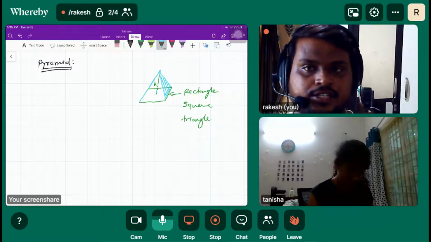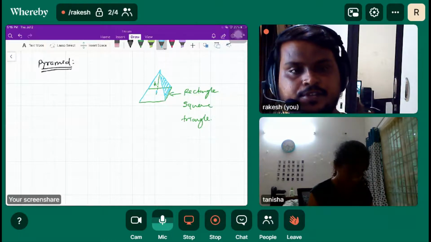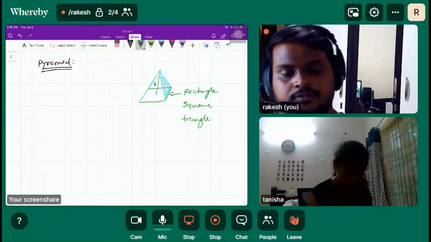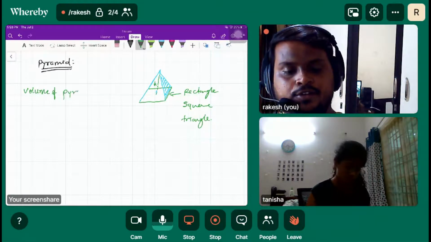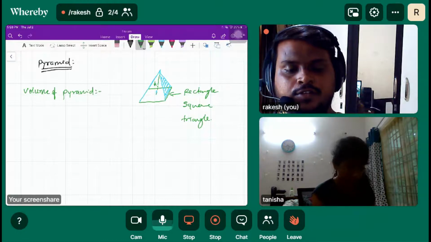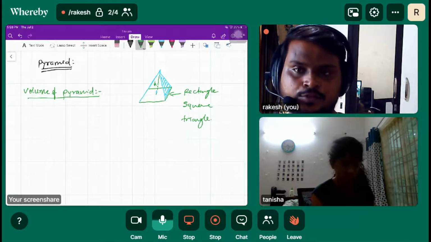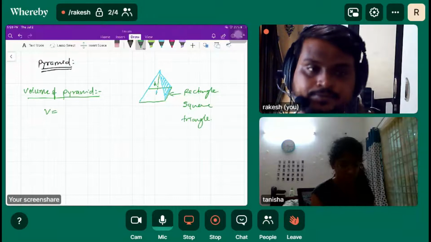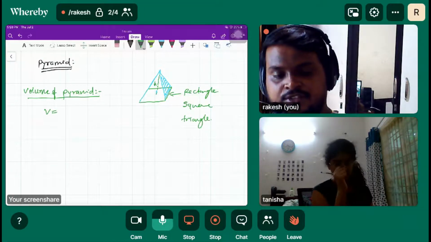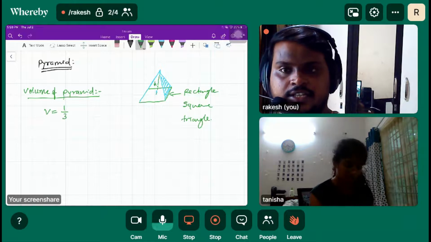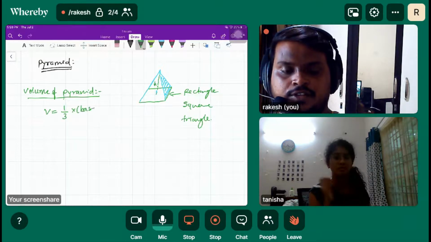Now the question is, what is the volume of this pyramid? Do you remember the formula, or have you ever read the formula of the volume of a pyramid? No? Okay, first I'm giving you the formula here, and then I'll try to prove it.